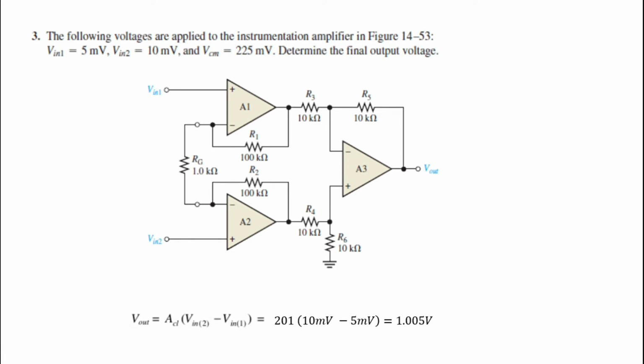Remember from question number 2, it is given by 1 plus 2R upon RG. You know Vin2 is 10 millivolts and Vin1 is 5 millivolts. If you directly substitute the values, you get your Vout, the final output voltage, which is 1.005 volt.